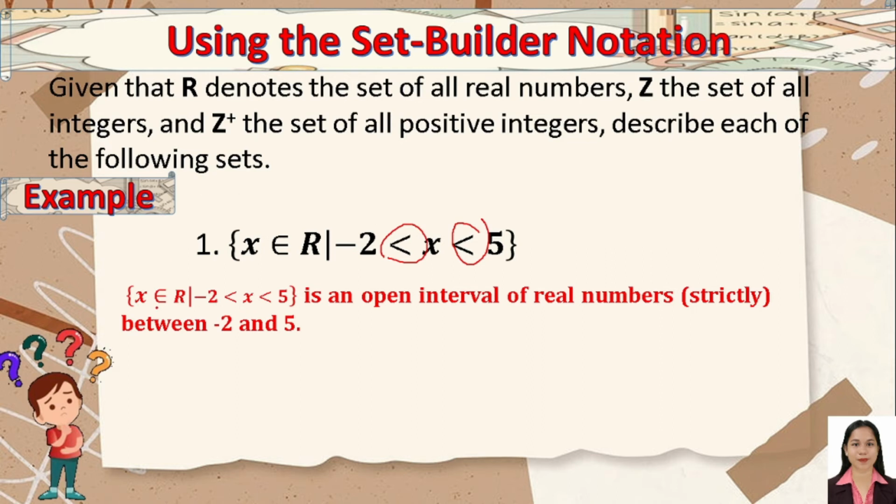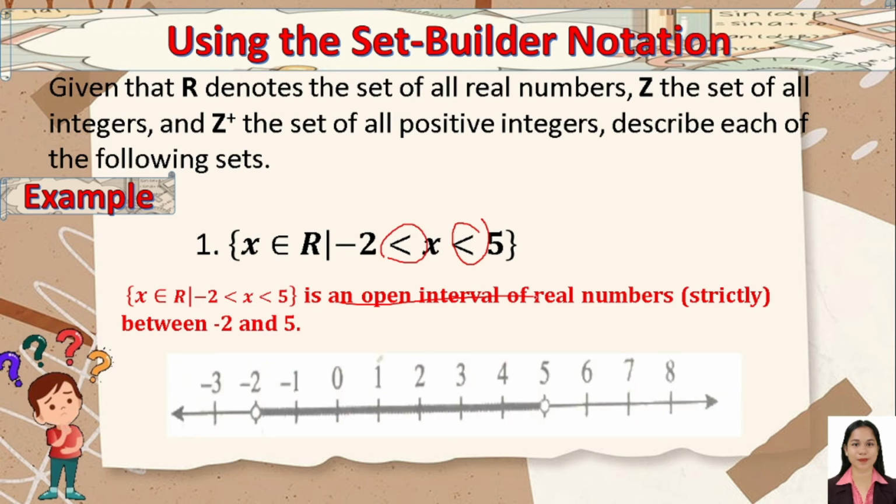So, X is an element of R. Then, X is greater than negative 2 but less than 5. It is an open interval. So, pag sinabi natin open interval, if we are going to graph this on a number line, naka-open interval lang siya. Ibig sabihin, hollow circle lang siya. Hindi siya naka-shaded circle because negative 2 and 5 are not part of the element of X. So, ito yung graph niya.